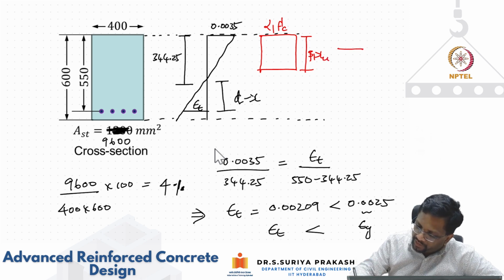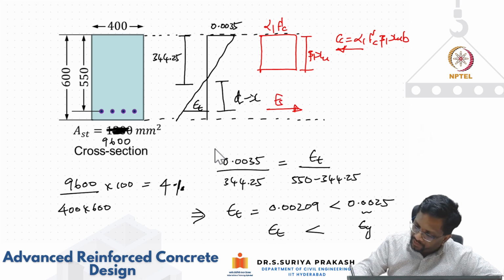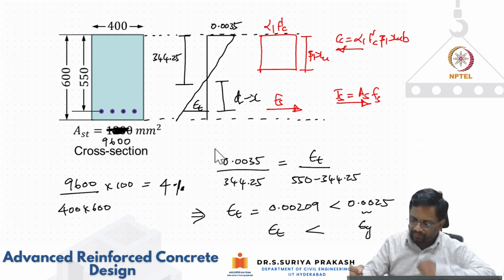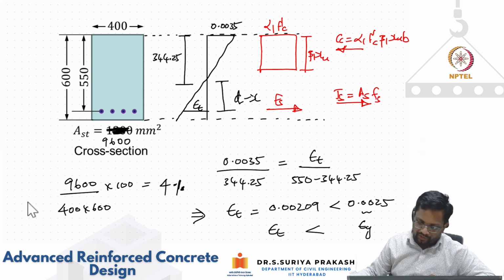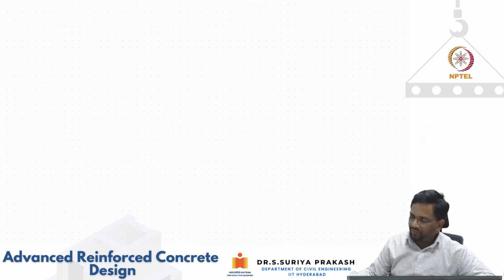And your Cc is nothing but alpha 1 F prime C times beta 1 XU multiplied by B. Similarly, this is going to be your stress on the tension side. Let's say this is Fs. Now this tension force Ts is going to be As multiplied by Fs. Okay. So if you substitute these values, let's calculate.